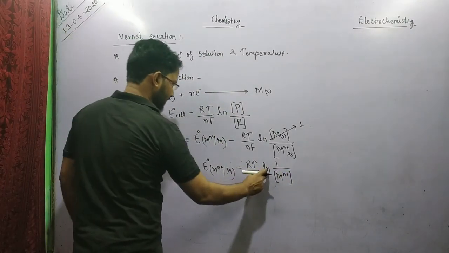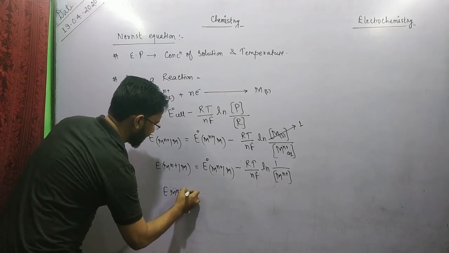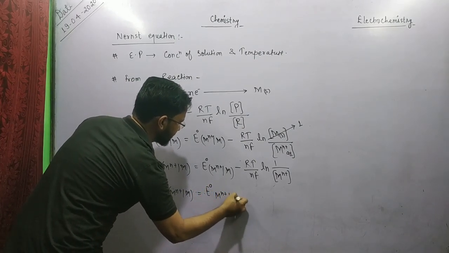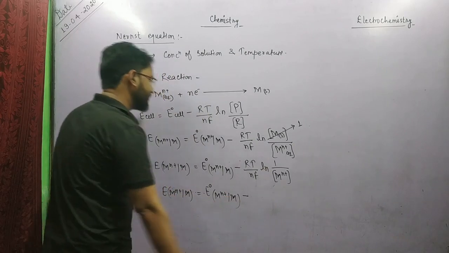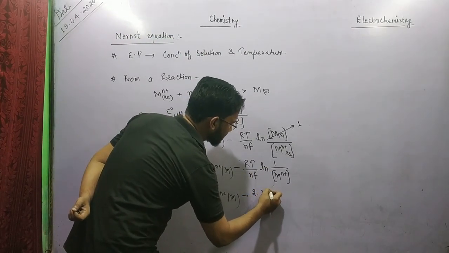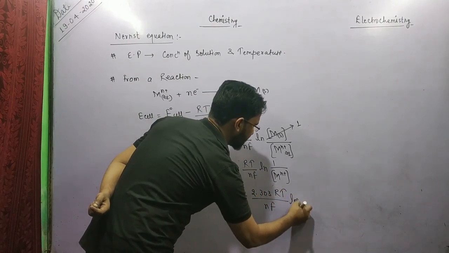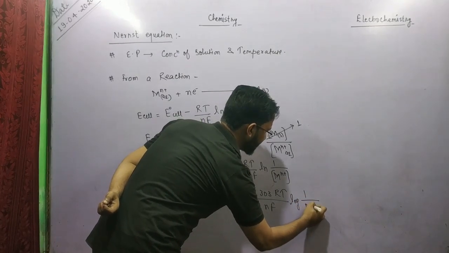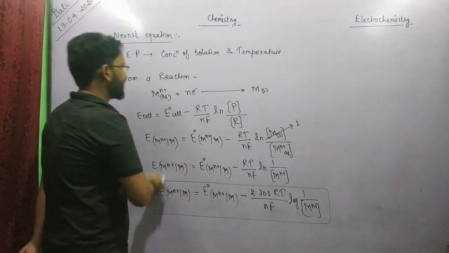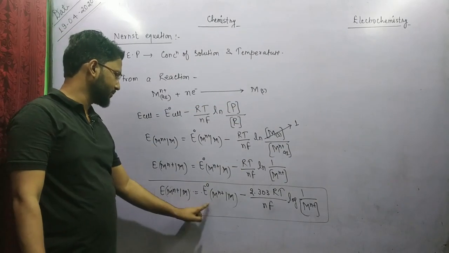If we convert ln into log, then we multiply by 2.303, giving 2.303 RT over nF log 1 over [M^n+]. This is the first equation for the reaction M^n+ plus ne^- giving M.